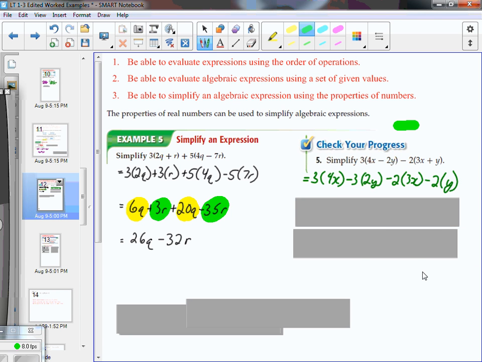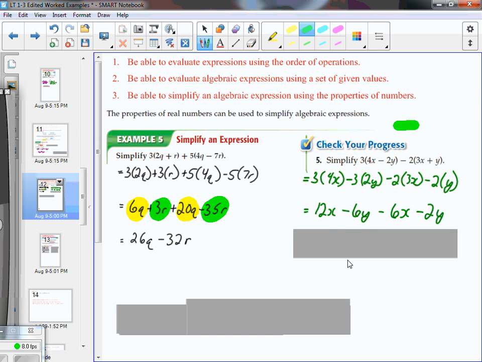Be careful with that negative sign on that second parentheses. That's a -2 that you distribute. And then check and see if I got it right.